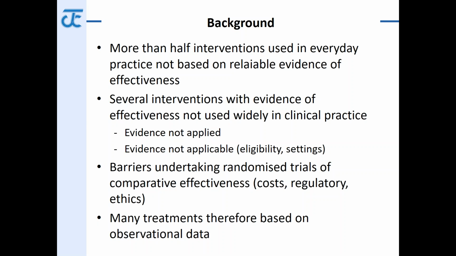The patients we are faced with may not have qualified for those trials on the basis of eligibility, or they may be in other settings. So there's a need both to apply the current evidence better, but also to look at systems for generating new evidence when we think that evidence is not applicable to our patients.